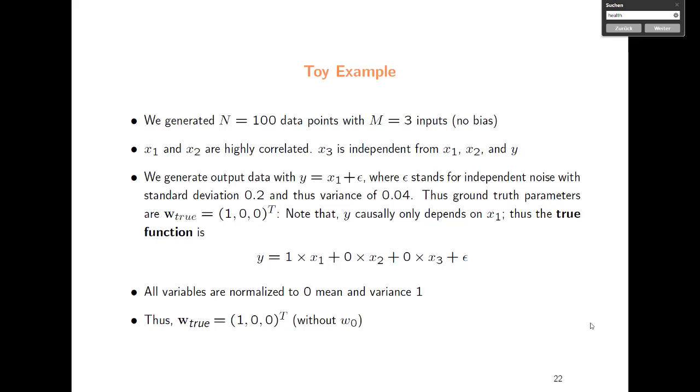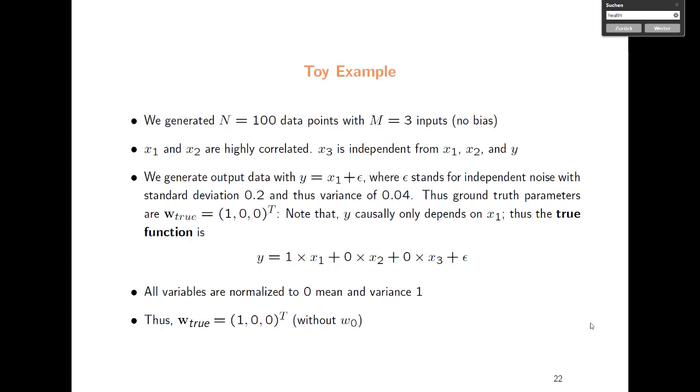So now let's apply what we have learned to a toy example. I generated n equals 100 data points with m equals 3 inputs. I did not use any bias, so W0 is always 0, and we don't show it.